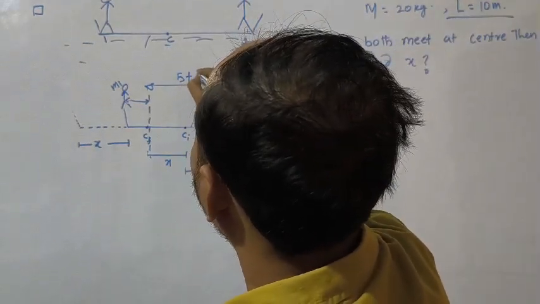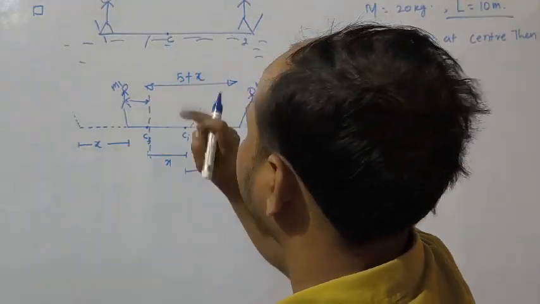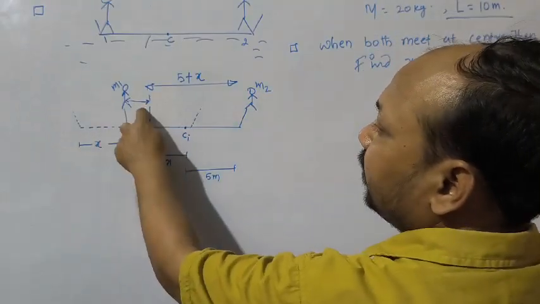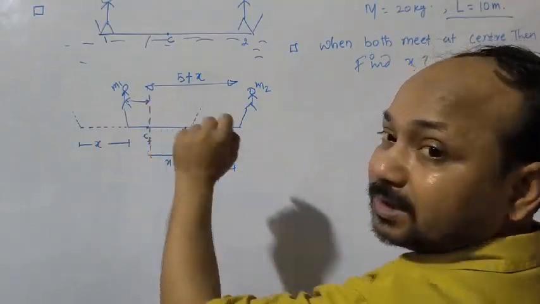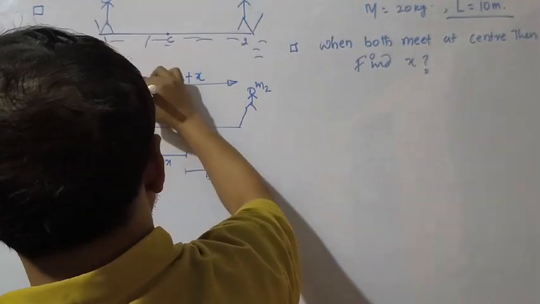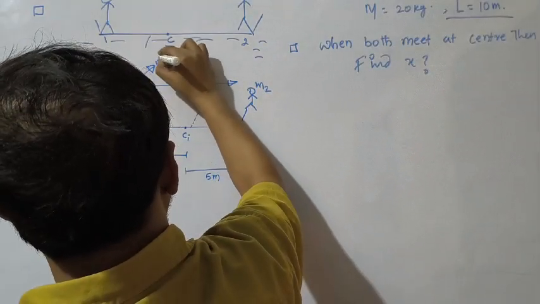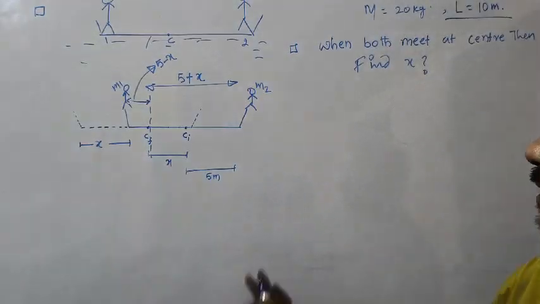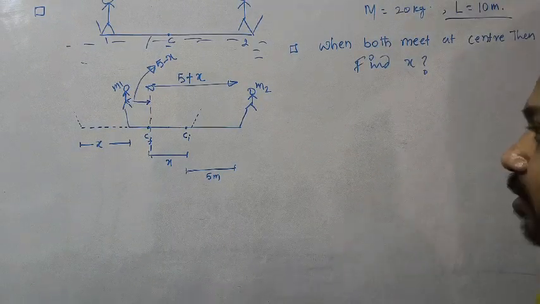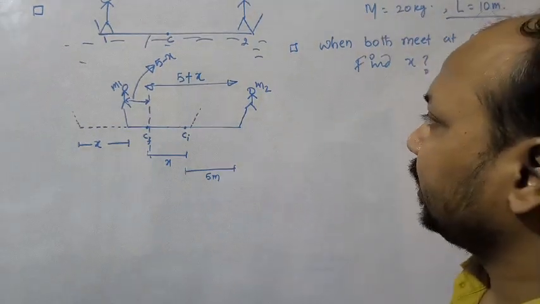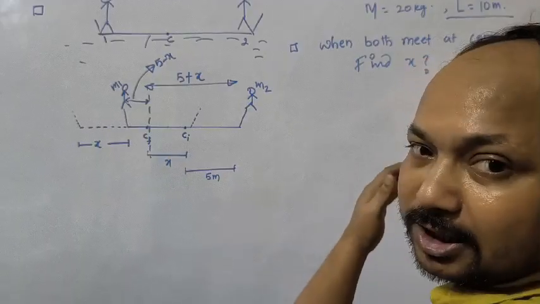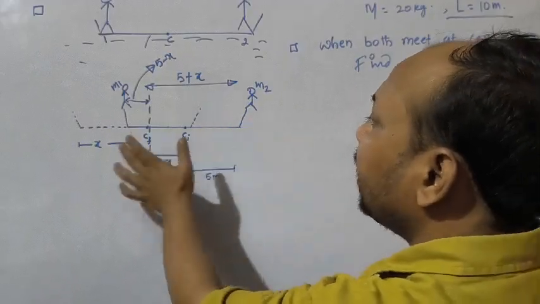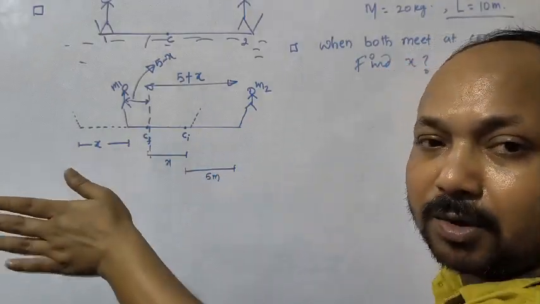So M2 has to travel 5 plus x and M1 has to travel 5 minus x. This distance is 5 minus x, and the boat will travel x. I think I am clear. So what I can write: M1 is moving in the forward direction, M2 and the boat both are moving in the backward direction.